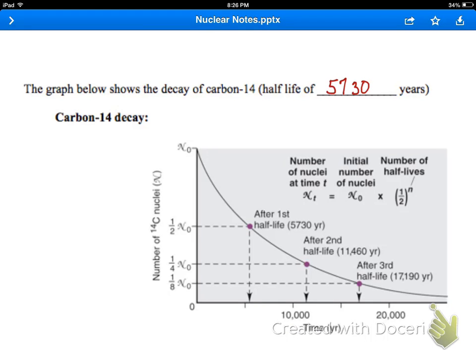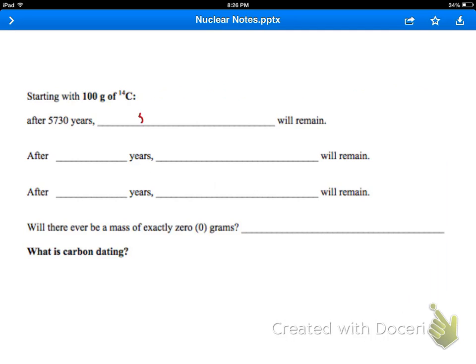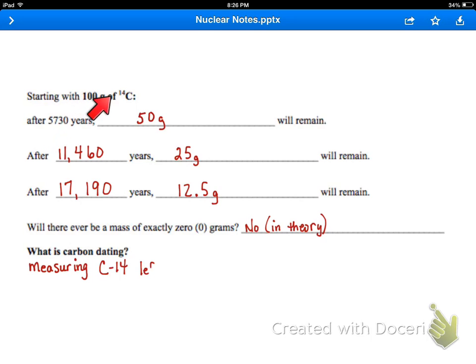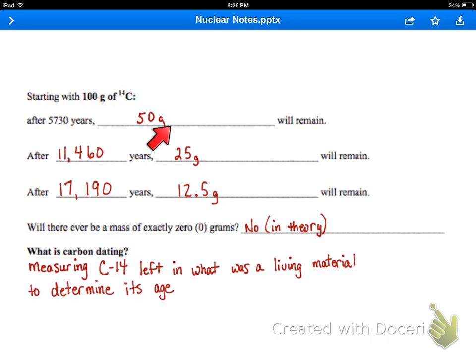So this shows the graph of the decay of carbon-14, which has a half-life of 5,730 years. So what happens is, if you were to start out with 100 grams of carbon-14, after 5,730 years, you would have 50 grams left. You'd have half of the original sample.